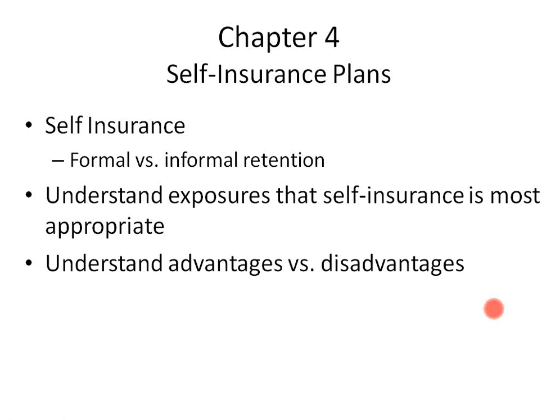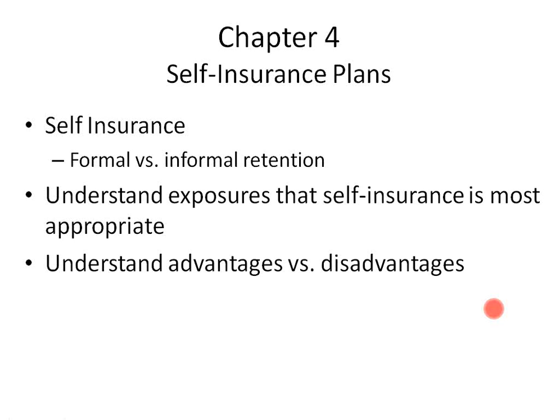When we self-insure and actually have a program, we have a TPA, we have things in place, reserves, that would be a formal retention. Whereas an informal one is just something unexpected that we're going to have to deal with, but we haven't recognized it as a line of coverage, maybe, or something emerging.